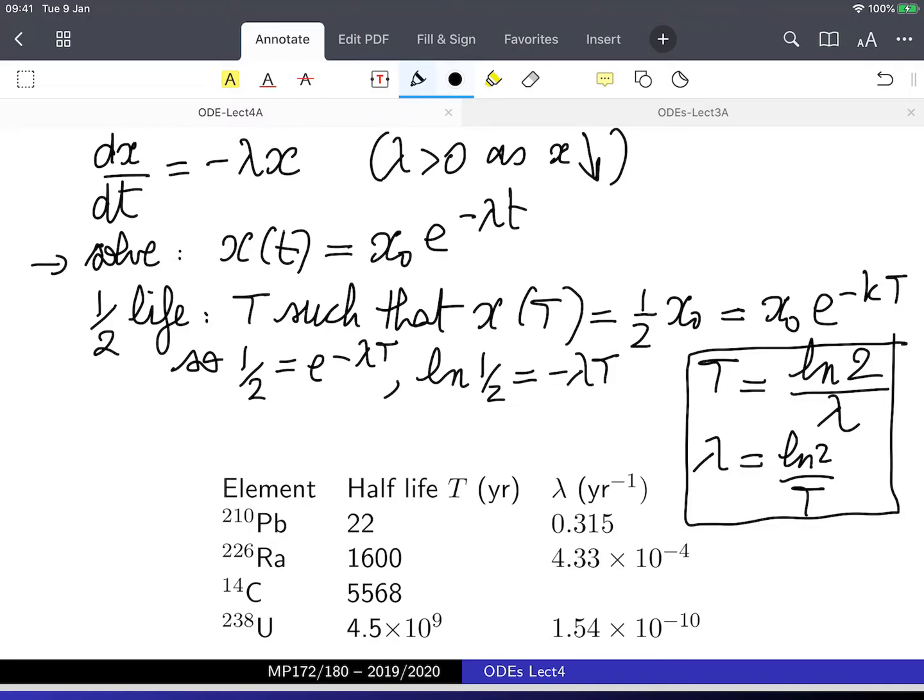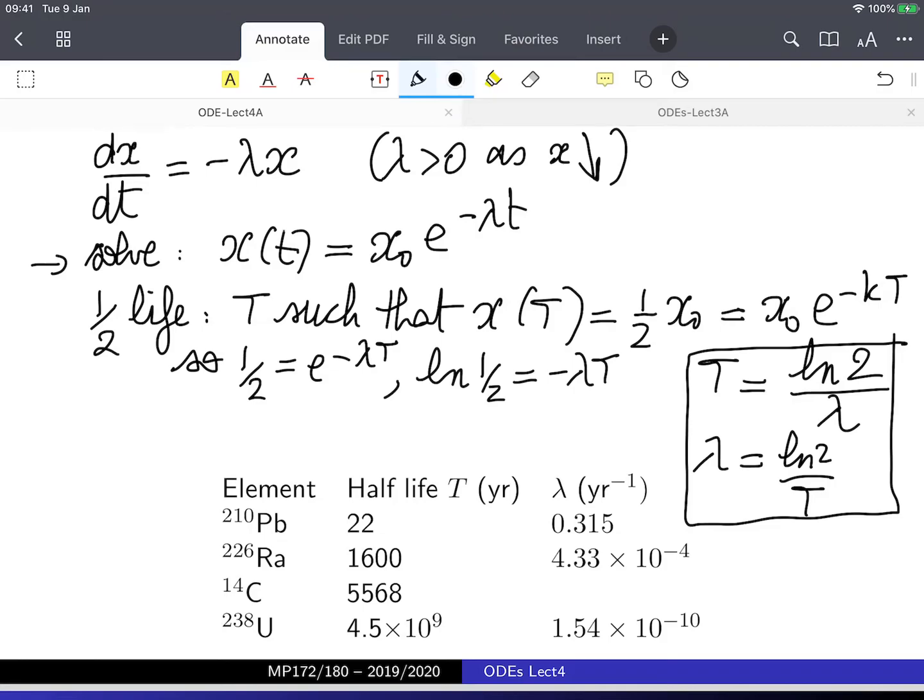So let's compute lambda for carbon 14. You're told the half-life is 5,568 years. So that's nice if you want to do prehistory, for instance. That's a good element to track, right?